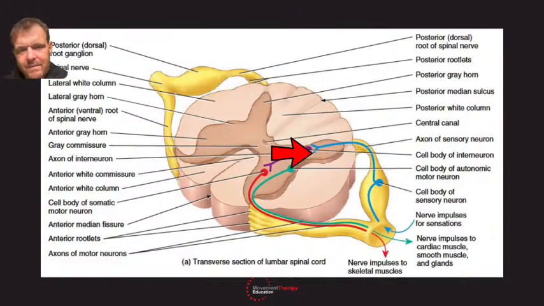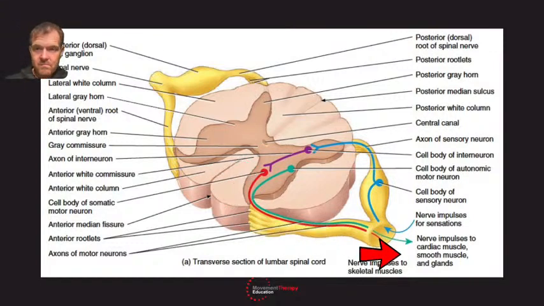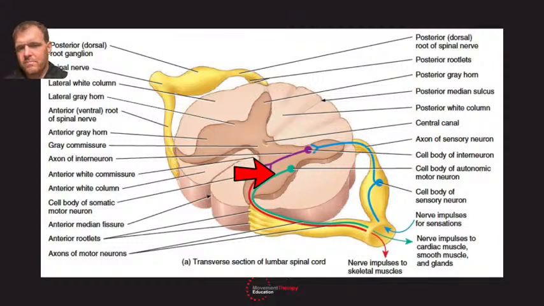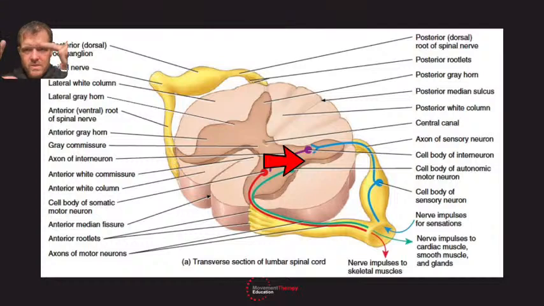Then it will synapse, and then we'll have an interneuron, which then may synapse with another motor neuron and send some information directly out, or it may jump to another level and activate something else. So we've got these information networks traveling up and down or across, depending on what the information is.